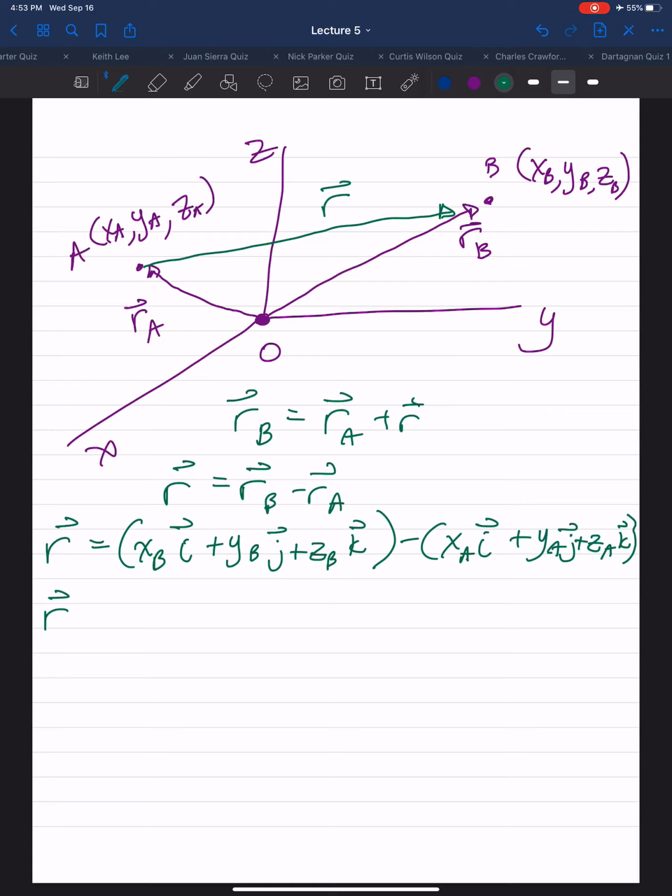So rearranging that, my position vector R between any two points is basically the difference in the coordinates. It'll be xB minus xA i, plus yB minus yA j, plus zB minus zA k.